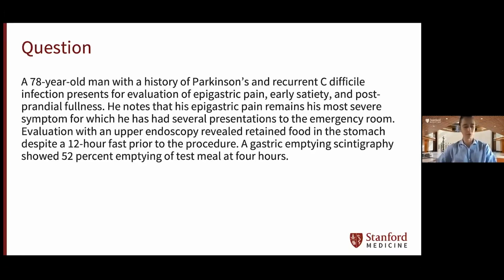And for those of you not accessing the poll app, the options here are A, gastric electric stimulation, B, erythromycin, 100 milligrams 3 times a day, C, initiation of a heart-healthy, low-fat, high-fiber diet, D, metoclopramide 10 milligrams before meals and bedtime, and E, initiation of a low fiber, low residue diet.